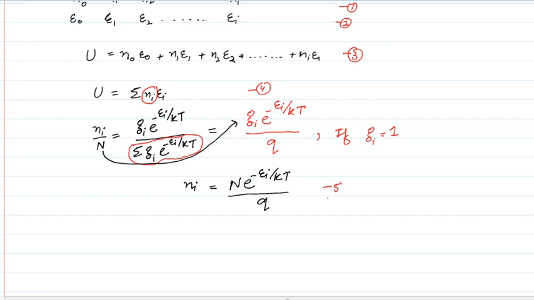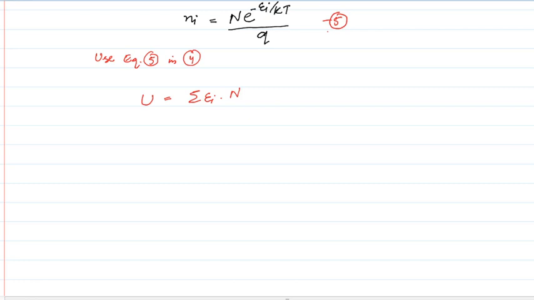We will use equation 5 in equation 4. So, putting equation 5 in 4, internal energy U can be written as summation Ei n upon partition function into e raised power minus Ei upon kT.